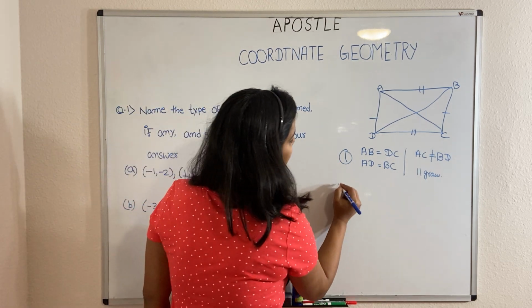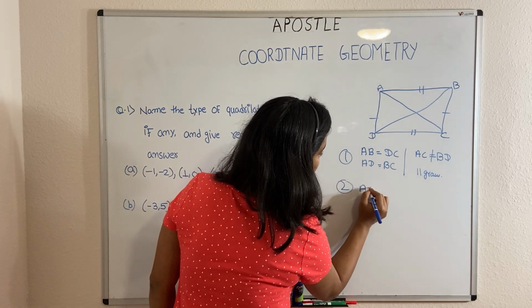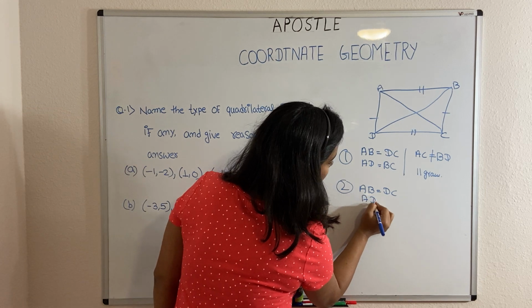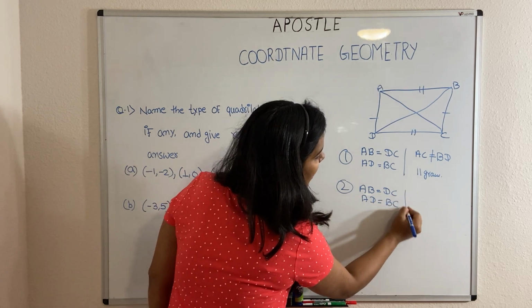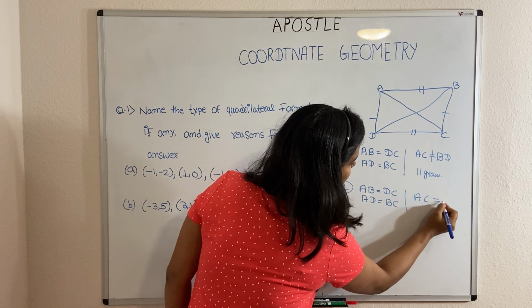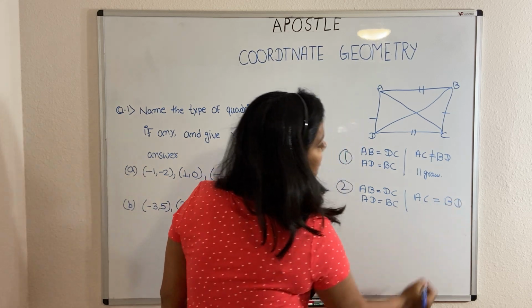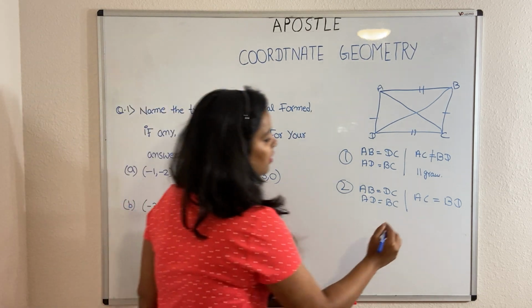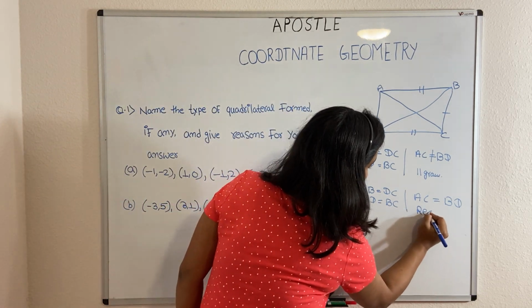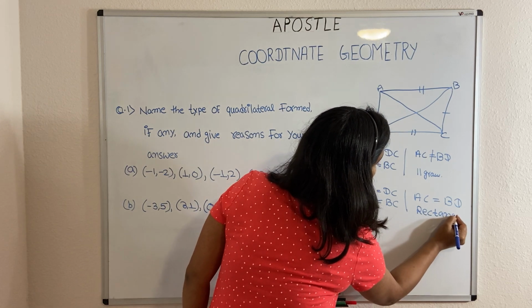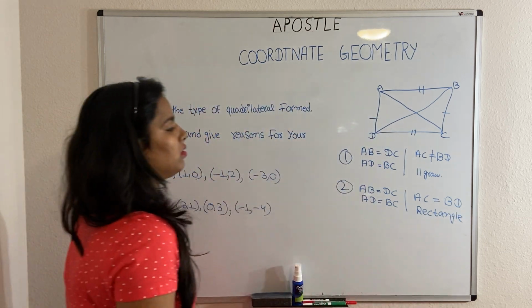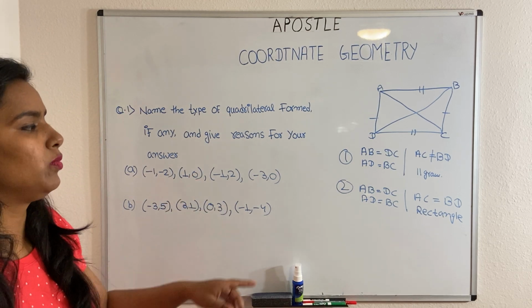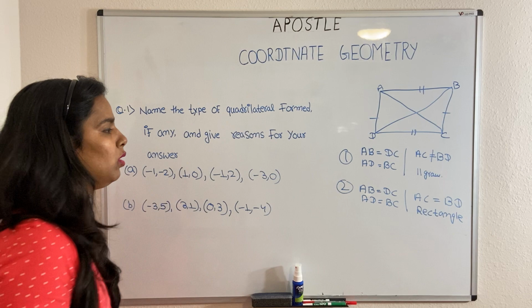Now second, if AB is equal to DC and AD is equal to BC and AC is also equal to BD, in this case our diagonals are also equal. So this is now a rectangle. What are the properties of a rectangle? AB is equal to DC, AD is equal to BC, and the diagonals are also equal.